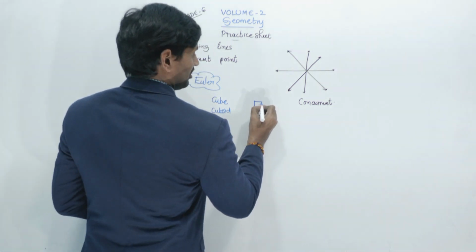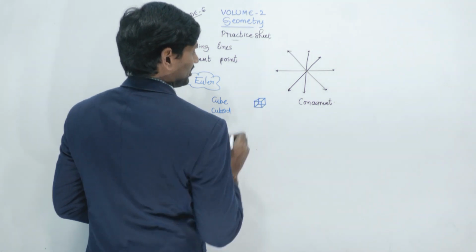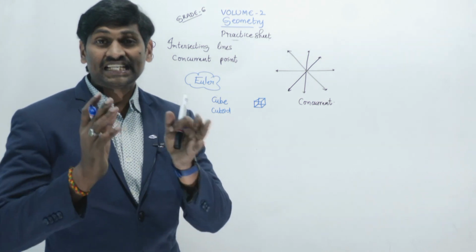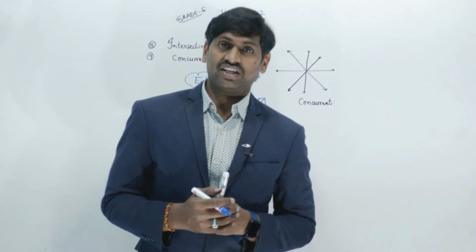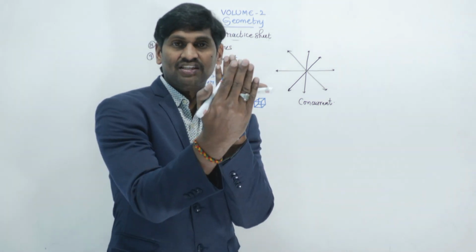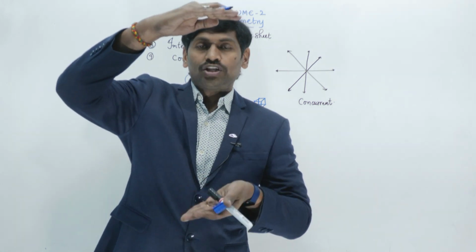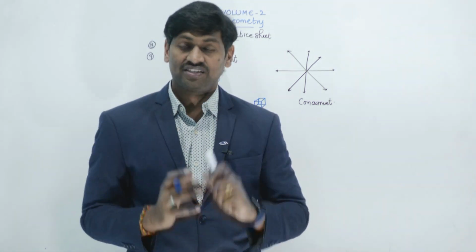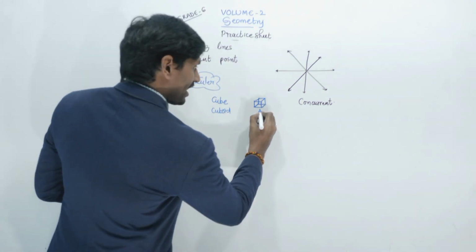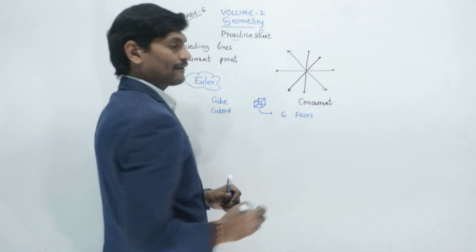While taking the cube, the cube has six faces. What are the six faces? One front face, a back face, right side and left side, four faces, top and bottom, total six surfaces. A cube has six surfaces, nothing but six faces.